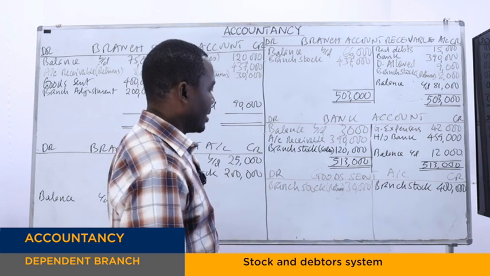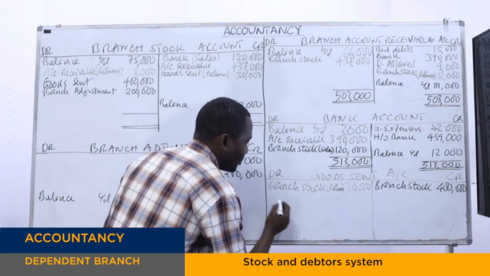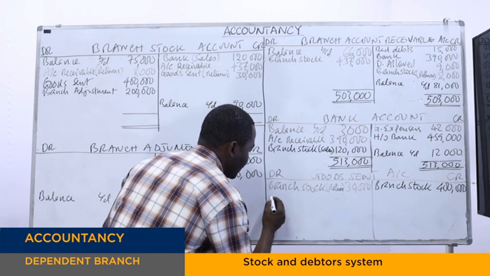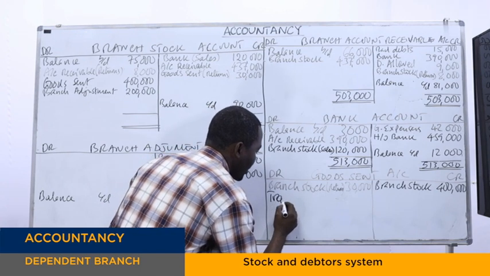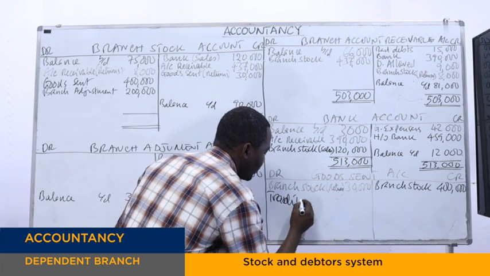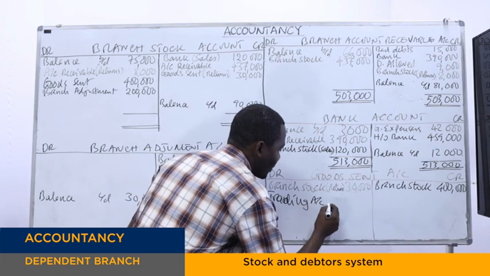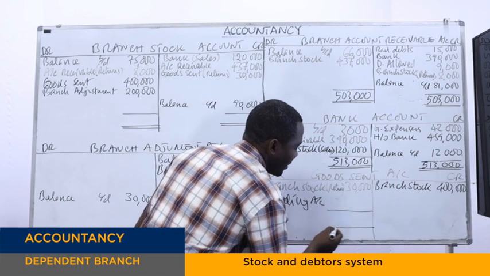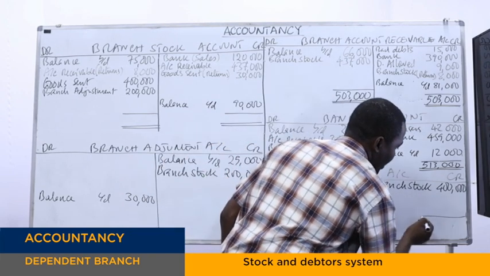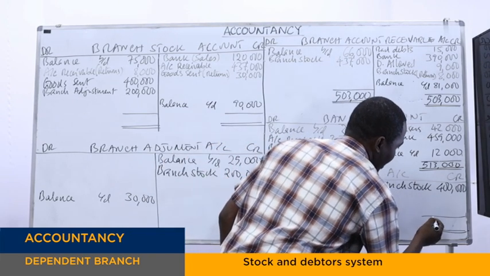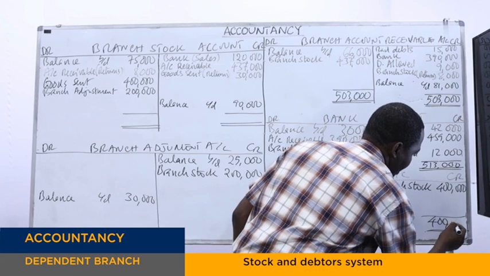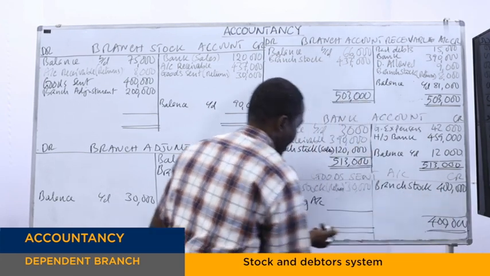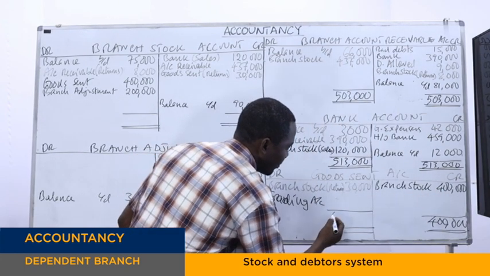Our goods sent should be transferred to trading account or income statement. Transfer to trading account will be the difference between the goods sent and any return. That is 400.